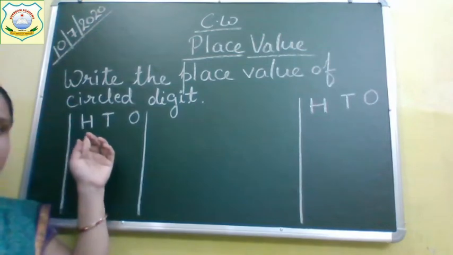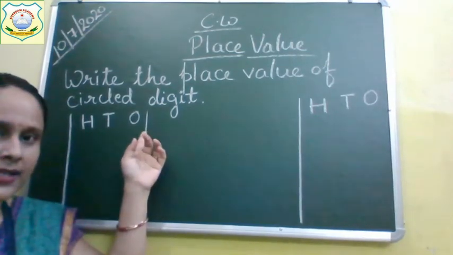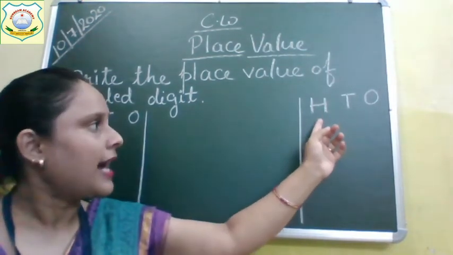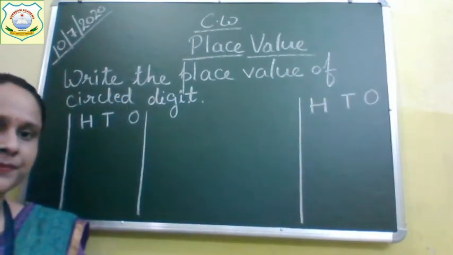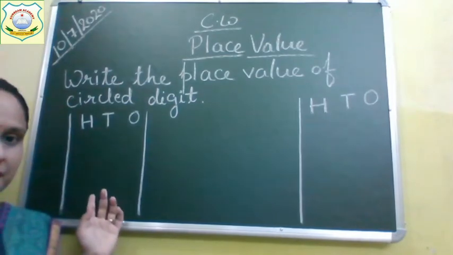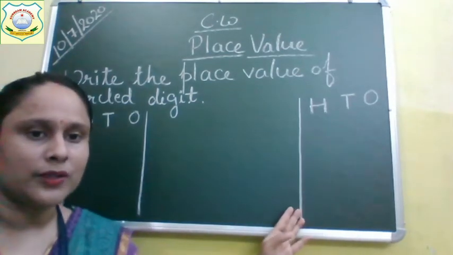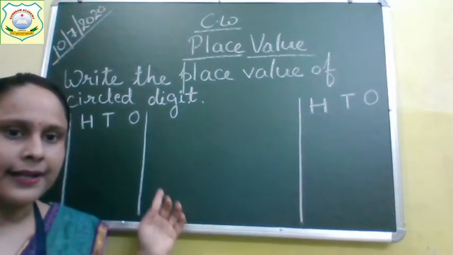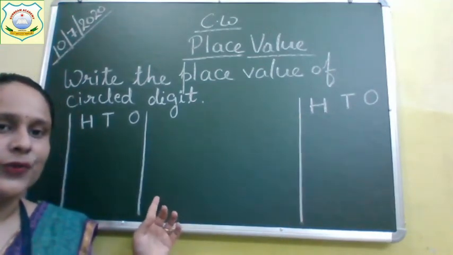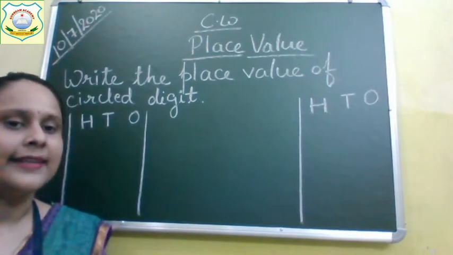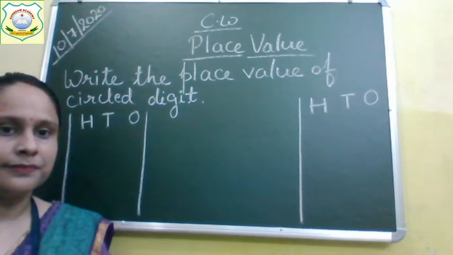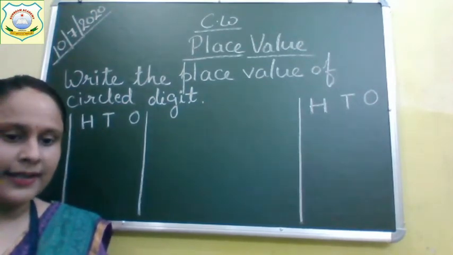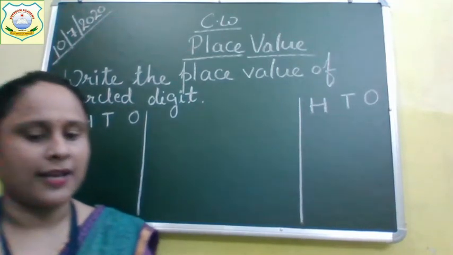First you will write hundred, tens, ones, and this side also you will write hundred, tens, ones, and draw the line. This side after 3 blocks and this side before 3 blocks you will draw a line. And for drawing line, children, you will make use of scale and color pencil. Done?